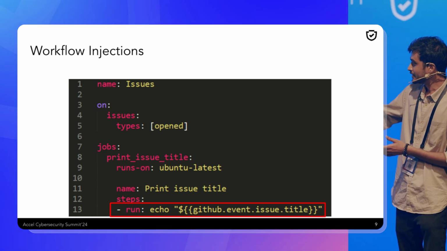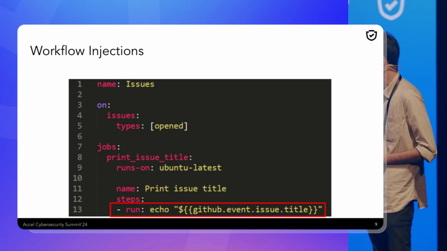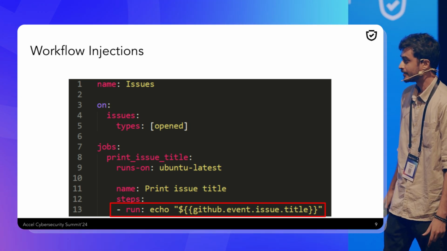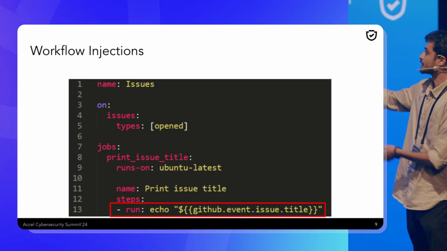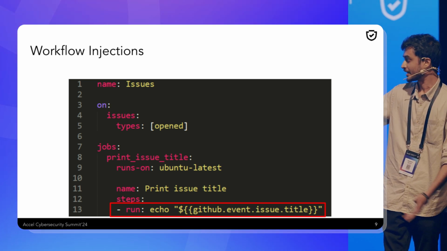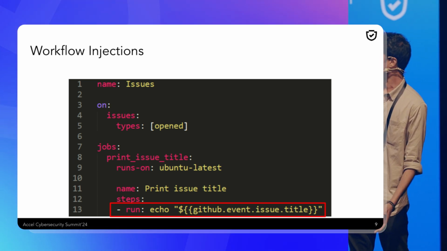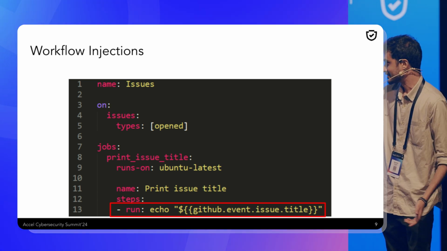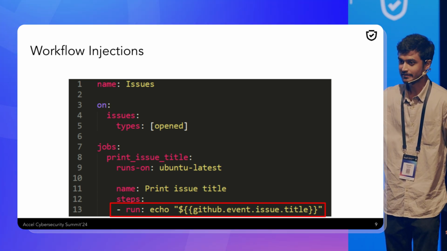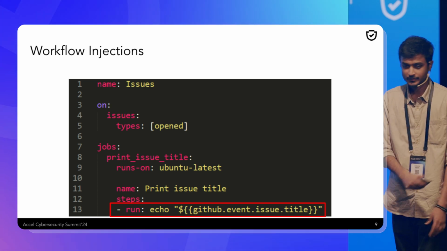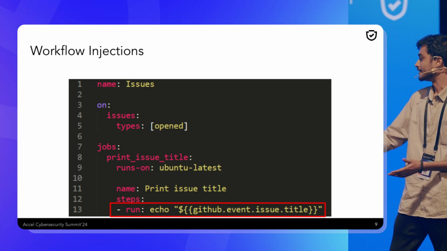And maybe we'll consider a quick example about workflow injections here. Just to understand, I'll give a bit of context. This particular workflow triggers whenever a new issue is created in your GitHub, and it prints whatever the issue title is. If you look at the highlighted bit, that's where we are printing the title.